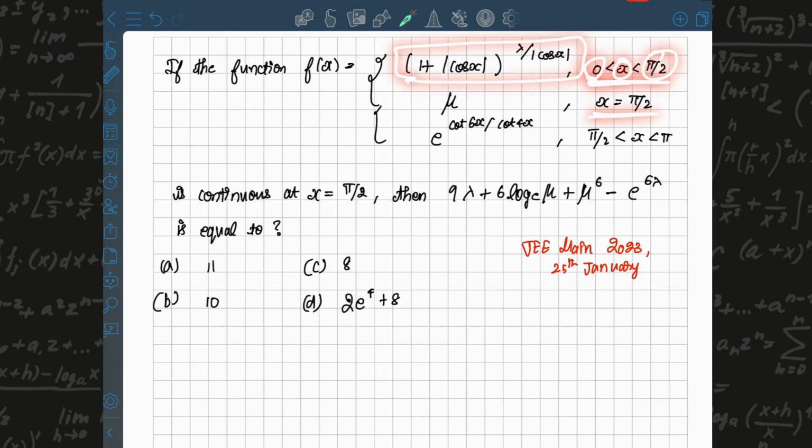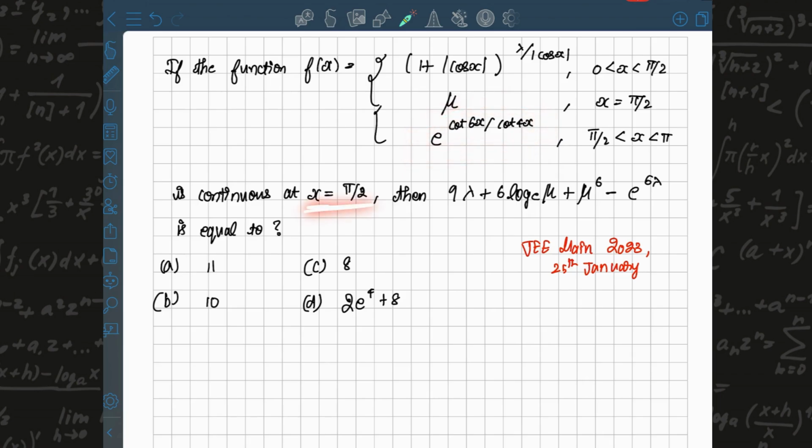When x equals pi by 2, the function is pi. Sorry, this is nu. And then when x is between pi by 2 and pi, the function is this.